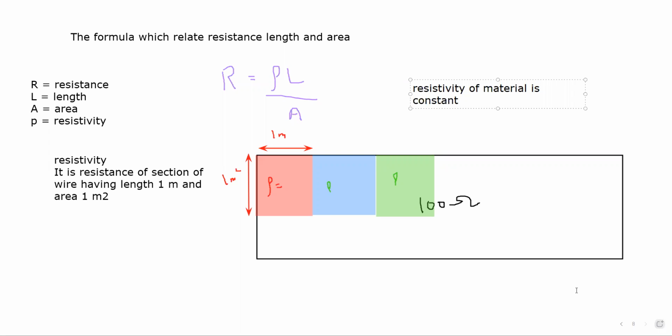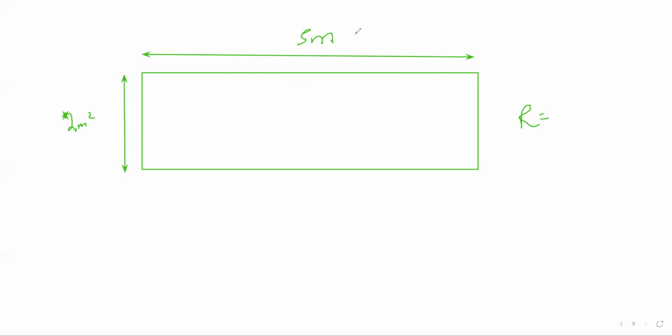Look, you have a wire. Say the wire has a length of 5 meter and an area of 2 meters square. The resistance of the whole wire is denoted by R. But what is the meaning of resistivity?